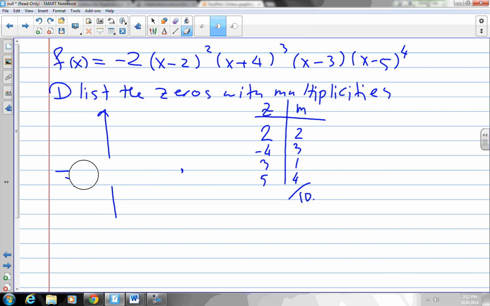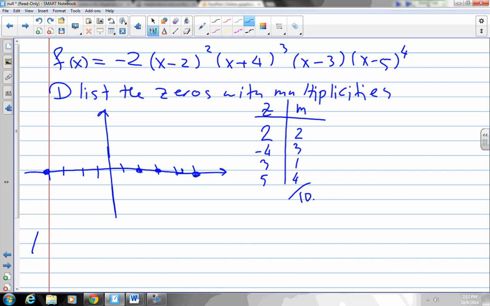It's a little crammed in there. 1, 2, 3, 4. 1, 2, 3, 4, 5. So what do I need? 2, 3, 5, and negative 4. And we're going to start on the bottom, and we're going to end on the bottom, because that's an even degree polynomial with negative leading coefficient, so the end behavior is an upside down parabola.